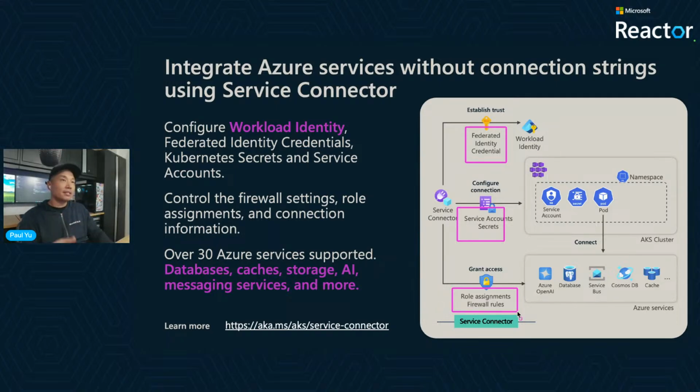You do need a managed identity, a federated credential, create a service account in the Kubernetes cluster, and then also grant that managed identity the proper role permissions, which is, I think last I counted, about 6 or 7 steps to complete. Service Connector takes care of all that for you. It does the magic behind the scenes that enables that.